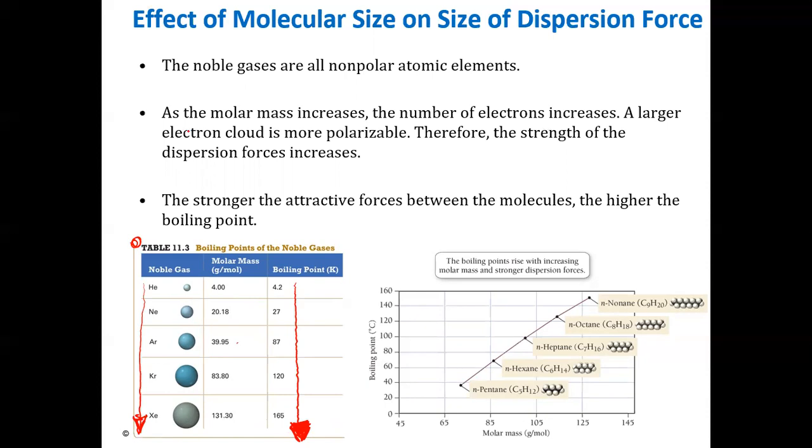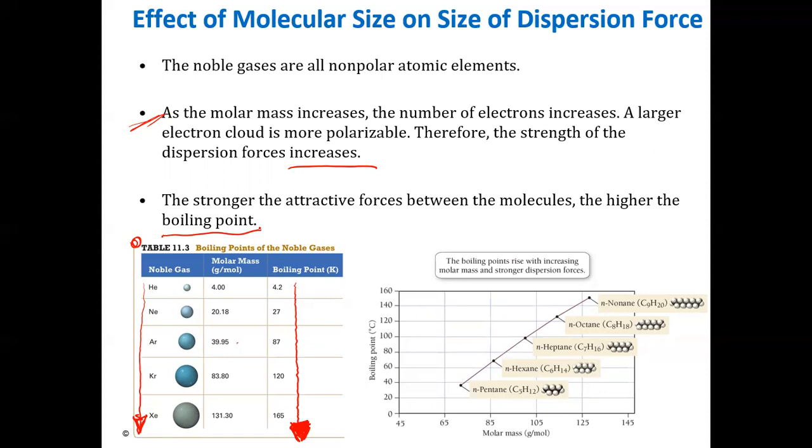Another way to say that is the second bullet up here. As the molar mass increases, the number of electrons increases. A larger electron cloud is more polarizable, meaning you can shift the electron density more easily. Therefore, the strength of the dispersion forces increases. So anytime you have a stronger attractive force, you're going to have a higher boiling point.